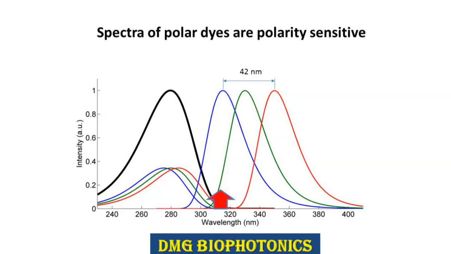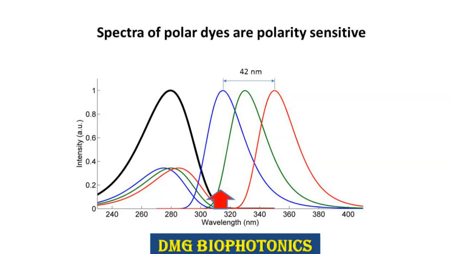An emission spectrum of a multi-tryptophan protein is a superposition of the spectra of its individual tryptophan residues, which are located in different polarity environments. If the side chain is buried in a protein body where polarity varies from low to medium, the absorption spectrum has a maximum at 280 nanometers, and there is no absorption beyond 310 nanometers.